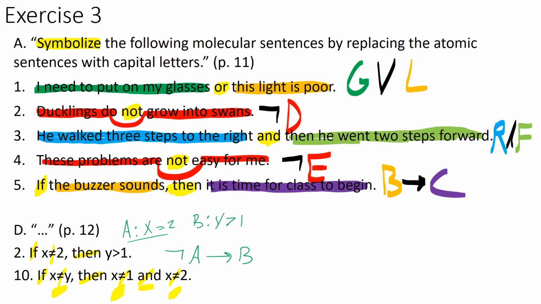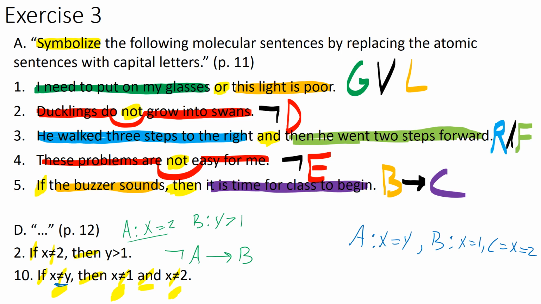What's dominant, nevertheless, is the if then. Because the textbook wants us to use capital letters for each atomic sentence, we'll just say that A represents x equals y. We'll say B is x is equal to 1, and C is x is equal to 2.